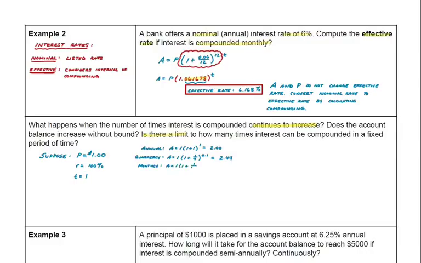Let's look at monthly. 1 times 1 plus 1 over 12 to the 12 times 1. I get 2.61. So still more money than before. But notice the jump between annual and quarterly was 44 cents. The jump between quarterly and monthly is not as much, only 17 cents.